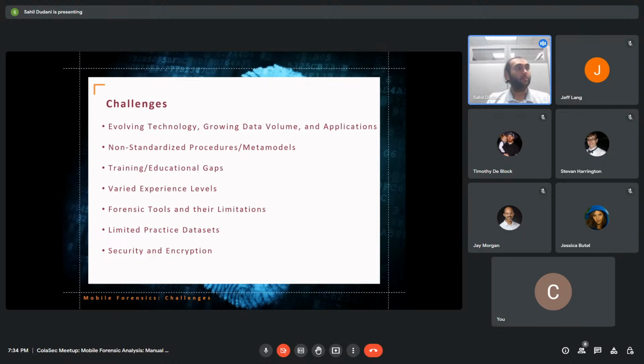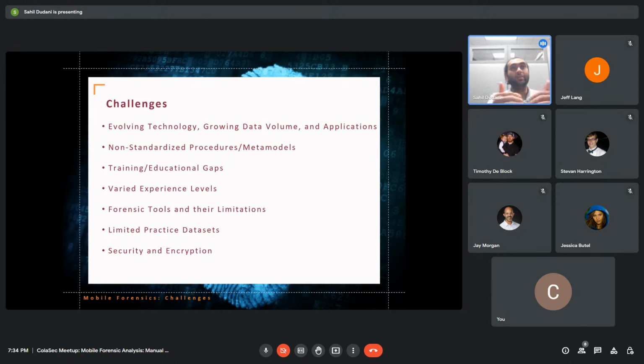Based on that, again, training and educational gaps. An investigator with probably 1 year of experience would take decisions differently as compared to an investigator with probably 4 to 5 years of experience. And I'll prove that when we get to it.